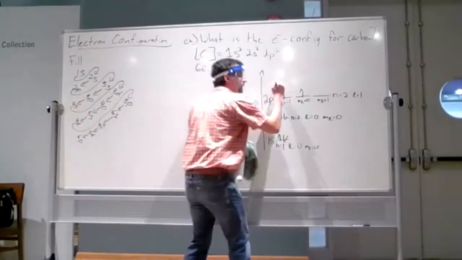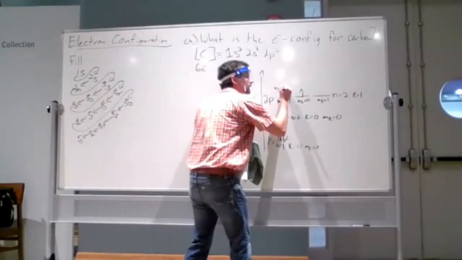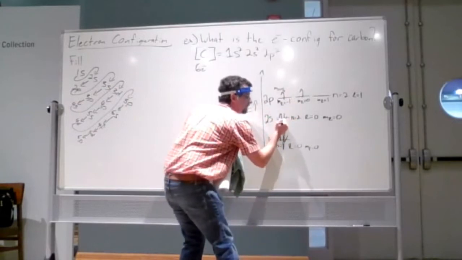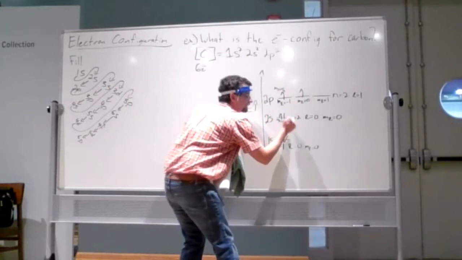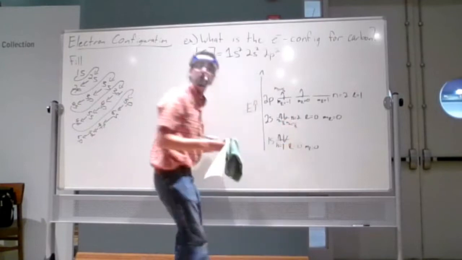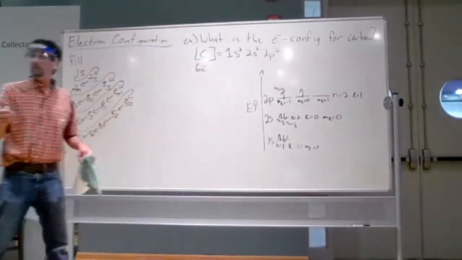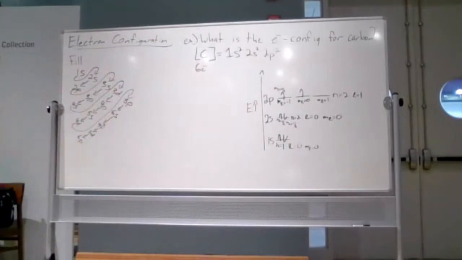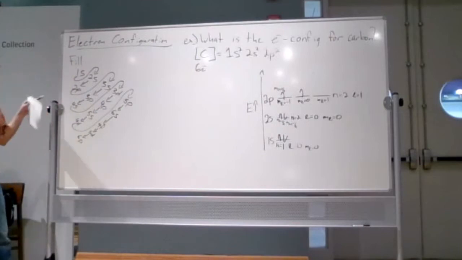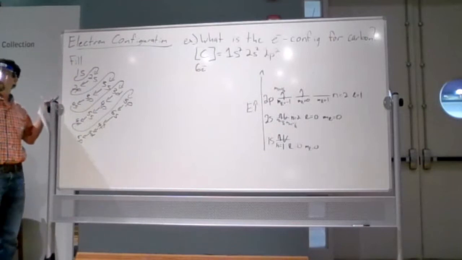These are actually m sub s values. So this would be m sub s plus 1/2. The one that's going down, we'll just say is m sub s minus 1/2. So they're like arrows, kind of? Yeah, they're arrows. They're half arrows, to try and show half numbers. Does that make sense? But they're corresponding to the spin of the electrons.